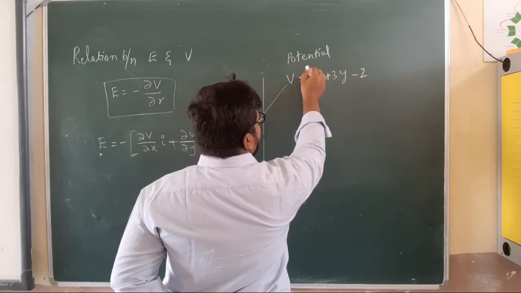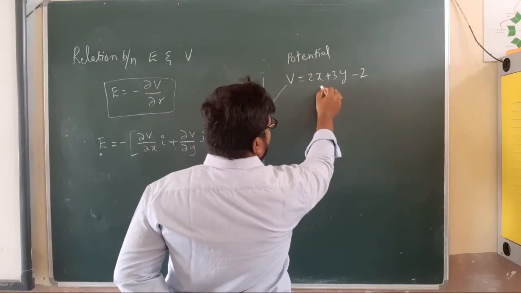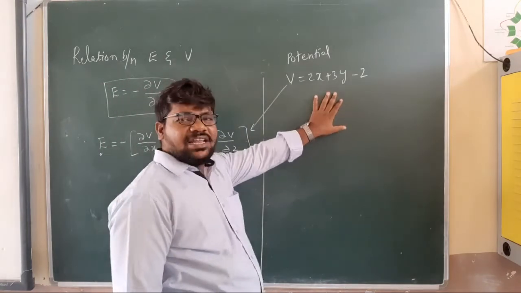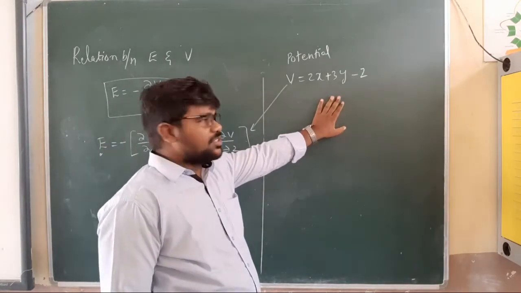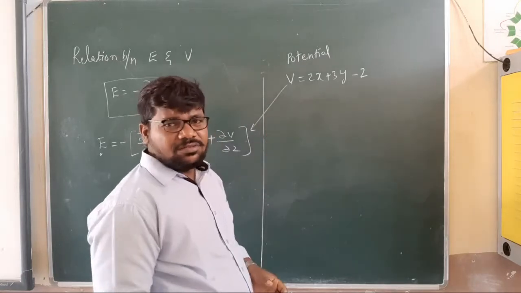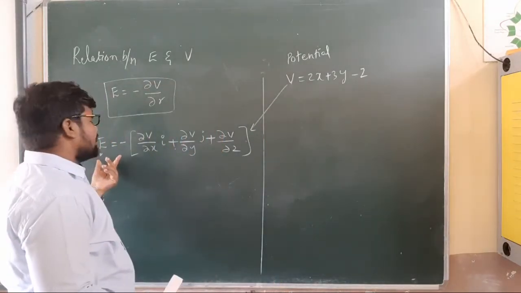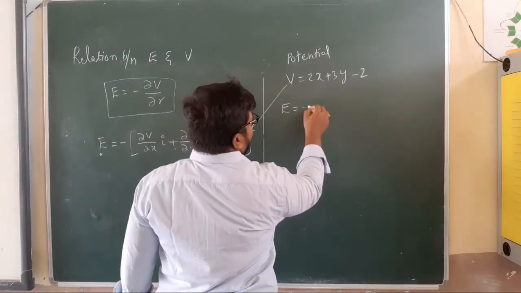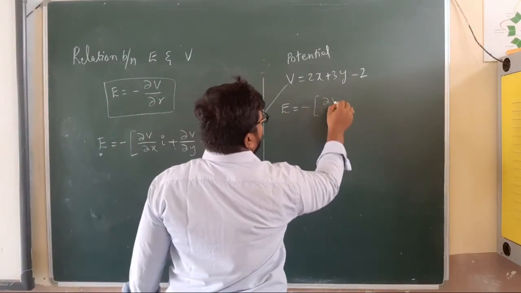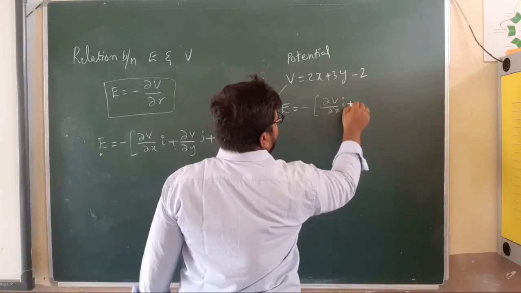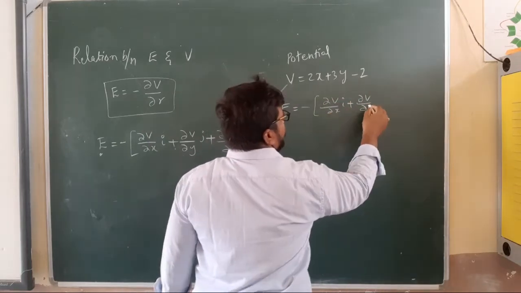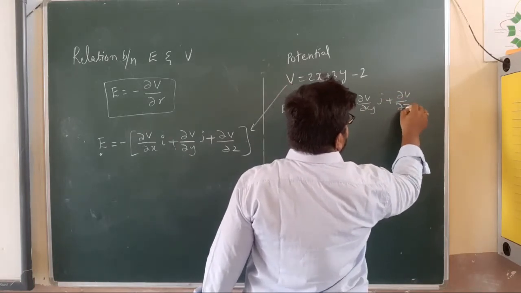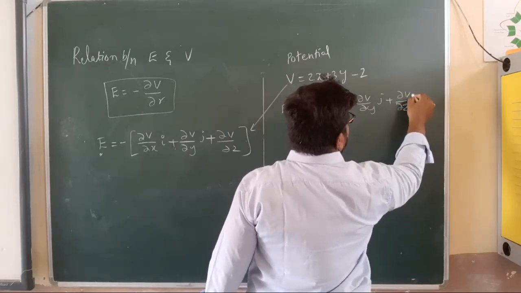So here the given potential V is equal to 2x plus 3y minus z. By partial differentiation we have to get the E value. Using this equation, E is equal to minus dou V by dou x i plus dou V by dou y j plus dou V by dou z k.